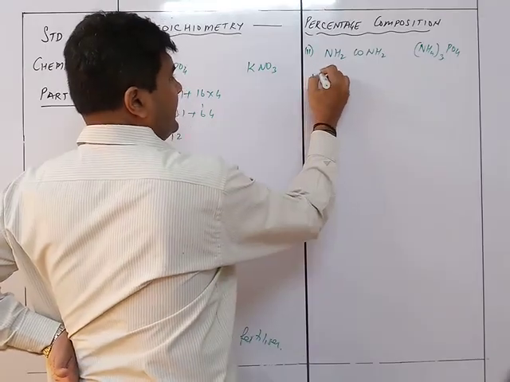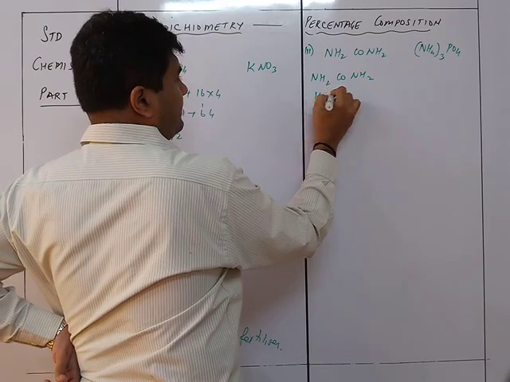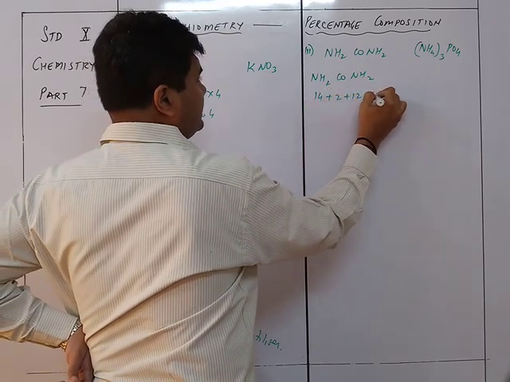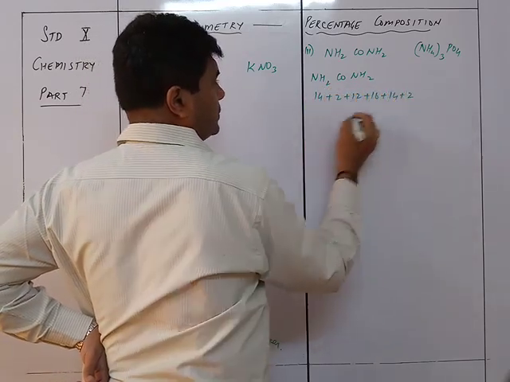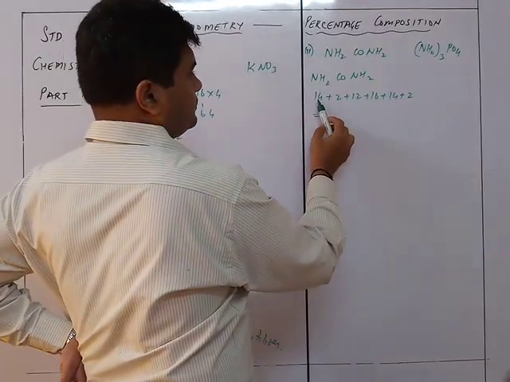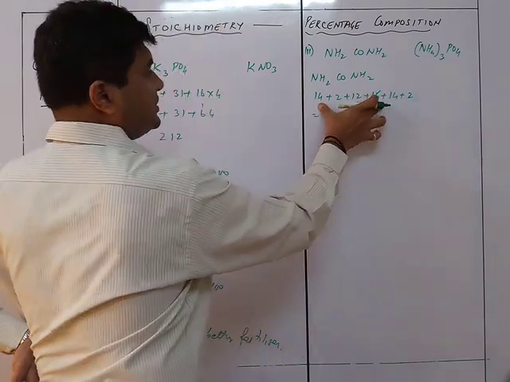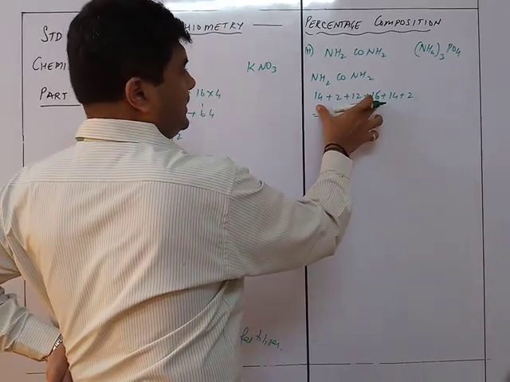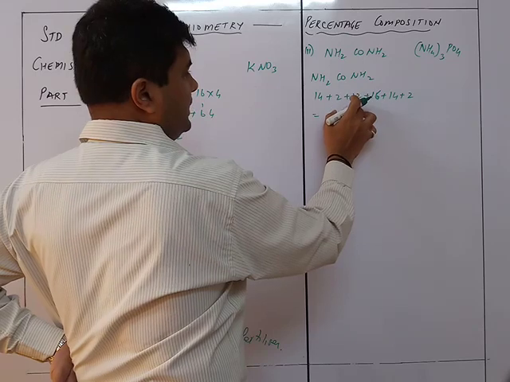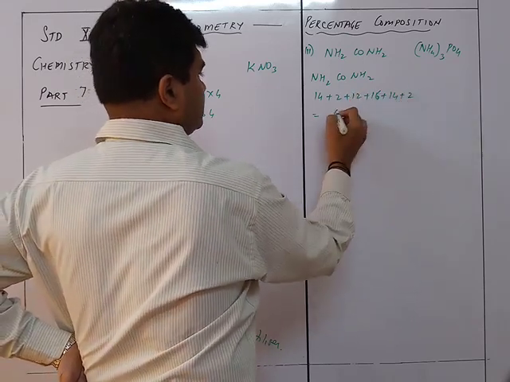In this case NH2CONH2 is 14 plus 2 plus 12 plus 16 plus 14 plus 2, which is 60.